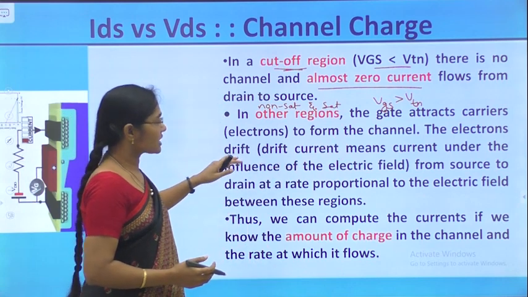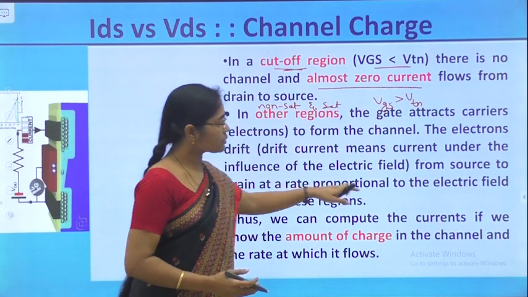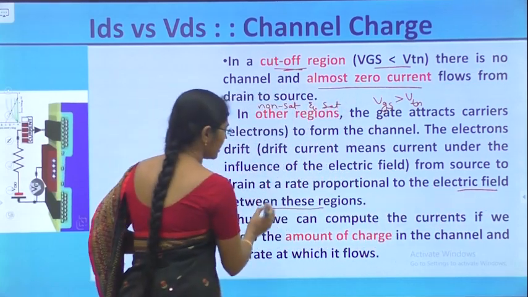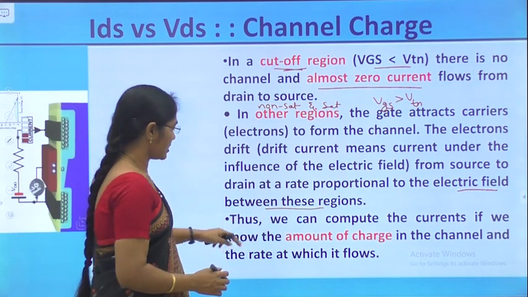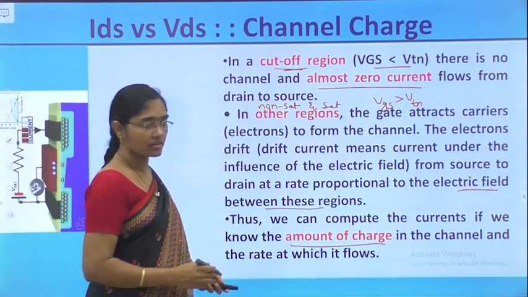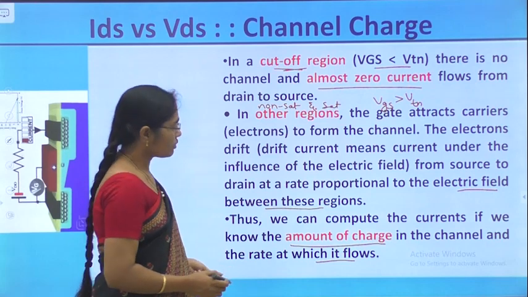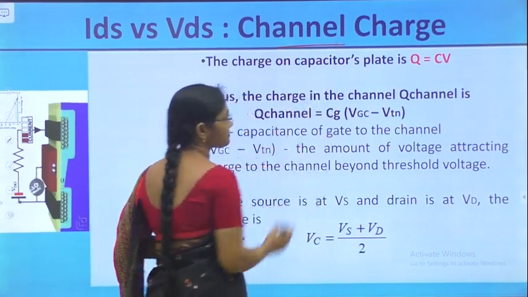The electrons drift from the source to the drain at a rate proportional to the electric field between these regions. Therefore, we can compute the currents if we know the amount of charge in the channel and the rate at which it flows.